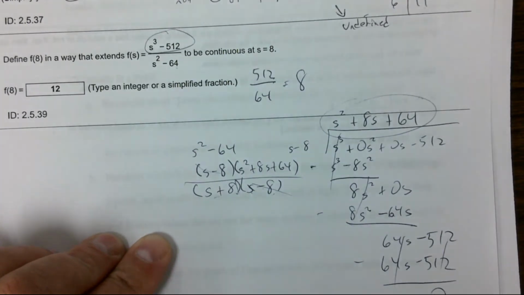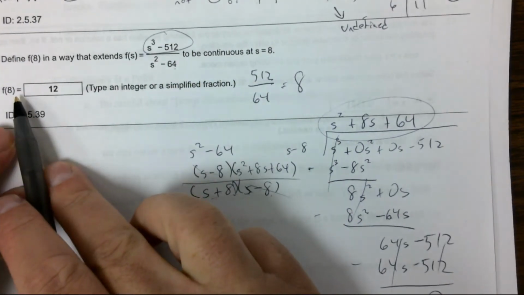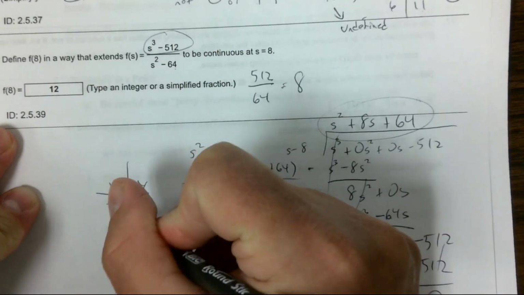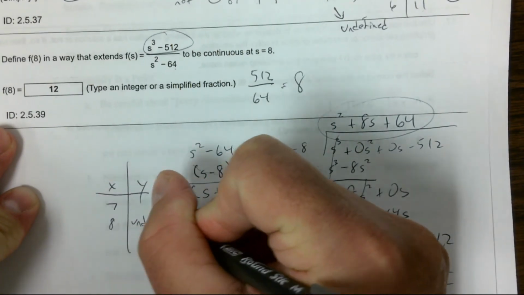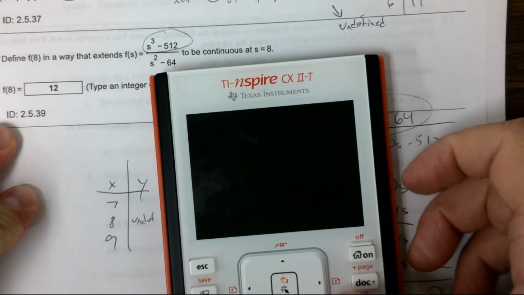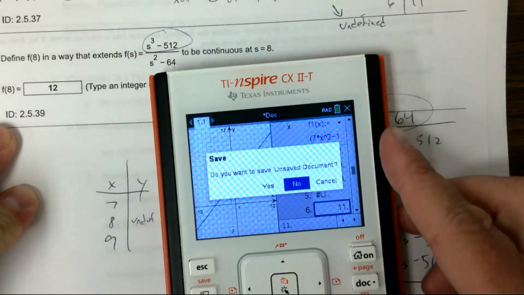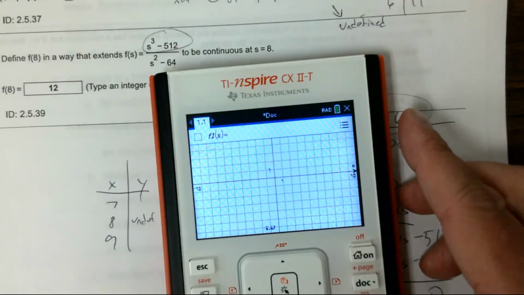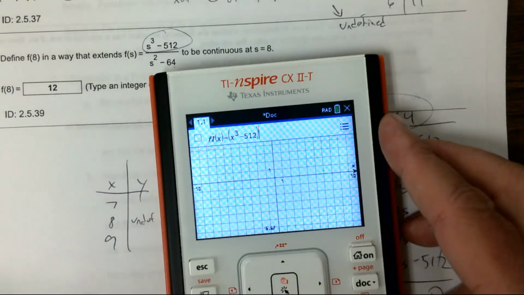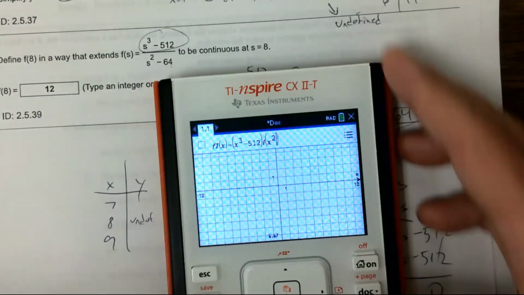What we need is, what do we need the definition of f of 8 to be? So let's try looking in our table at what happened at 7, 8, which was undefined, and at 9. So, do we have that graphed now? No. x to the third power minus 512 divided by x to the second power minus 64.